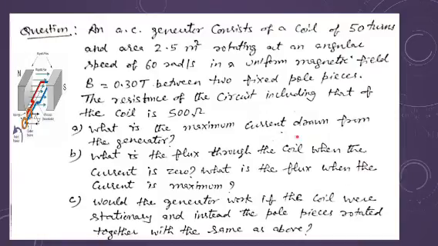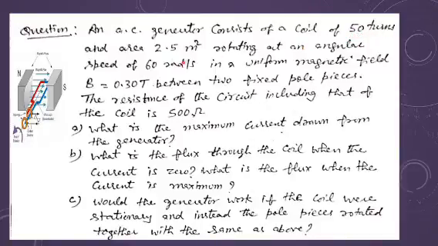One simple question for you. An AC generator consists of 50 turns and the area is 2.5 meter square. The coil is kept in between the magnets, and the number of turns is given as 50. It means capital N is 50, but you keep writing along.